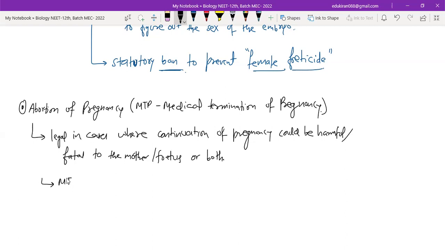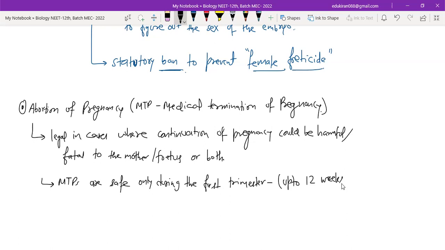So write down: MTPs are considered safe only during the first trimester, which means how many weeks? Up to 12 weeks. Yes, 3 months or up to 12 weeks.